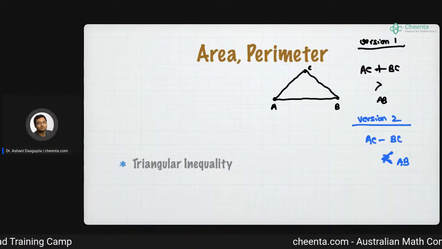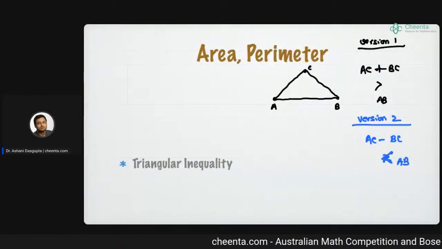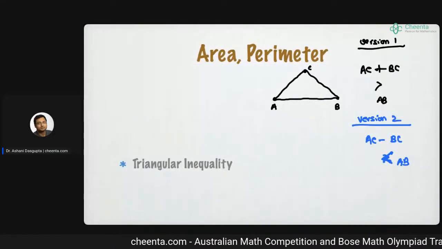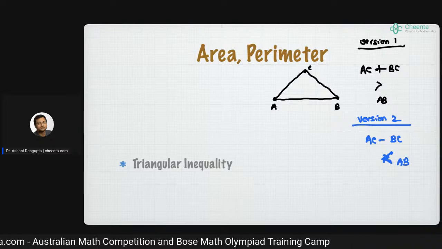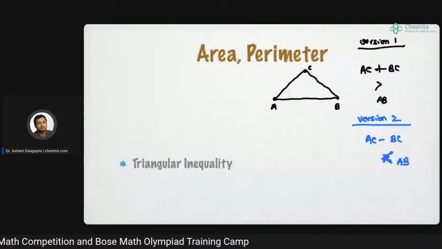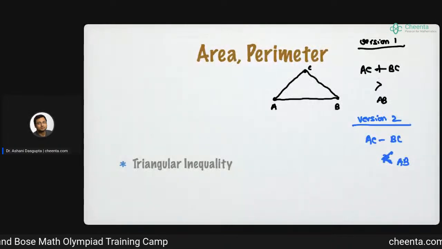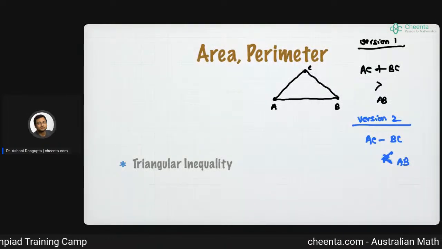Why do you think we can't do that? Anyone else have an idea about why the triangular inequality is true?